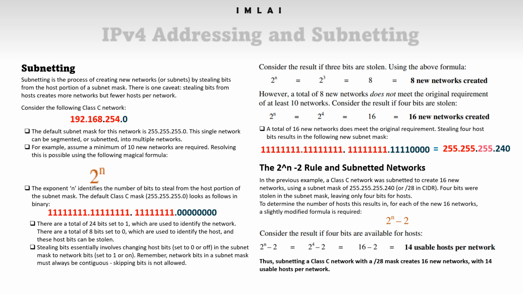If all are zeros, that represents a subnet; if all are ones, that represents a broadcast address. So every time a network is subnetted, usable host addresses are lost. That's the reason our formula to calculate the number of usable hosts per network is 2 power n minus 2, whereas the number of new networks that can be created is 2 power n.